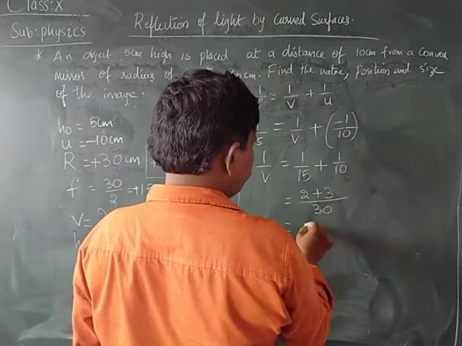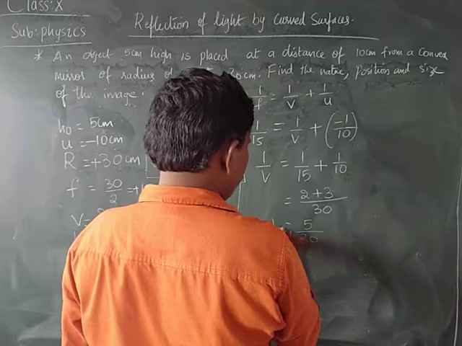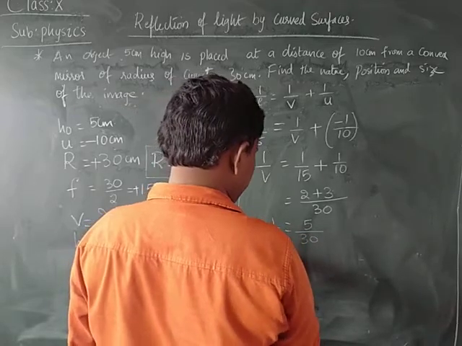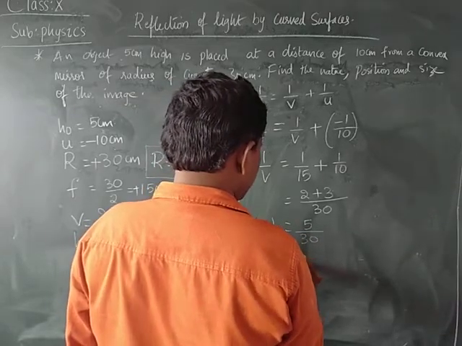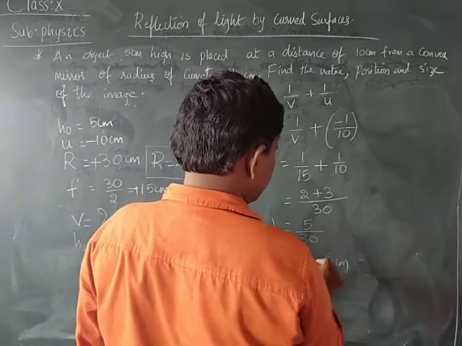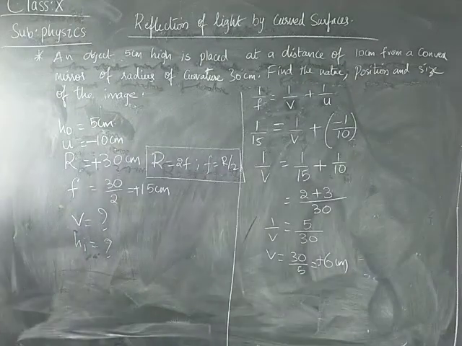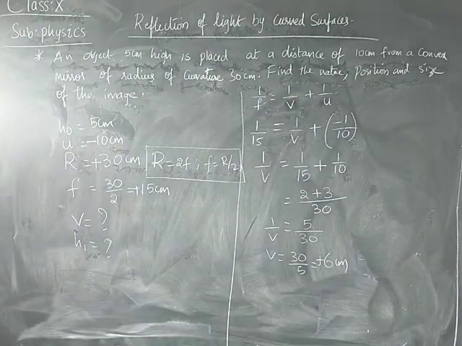Therefore 2 plus 3 is 5, so 5 by 30. 1 by V is equal to 5 by 30. V is equal to 30 by 5, that is 6 centimeter. What we got is plus 6 centimeter.